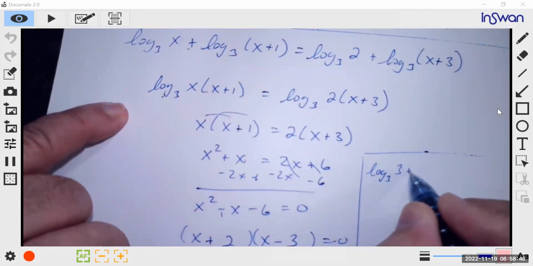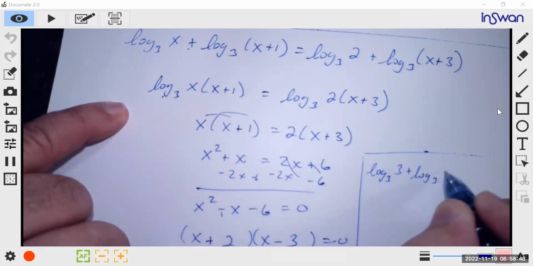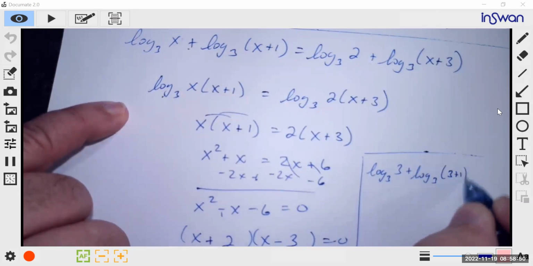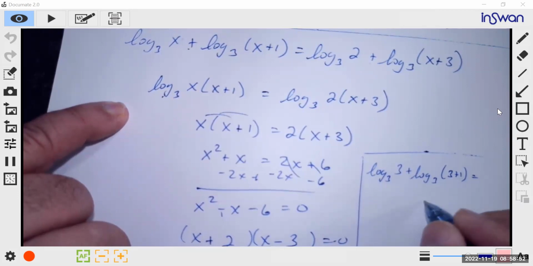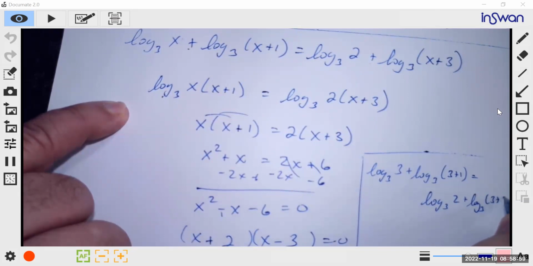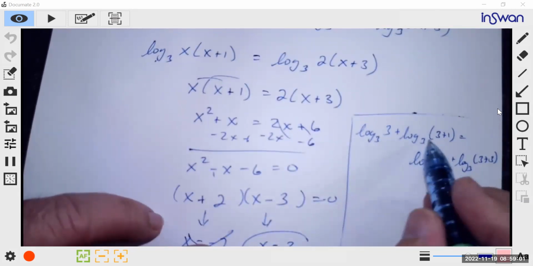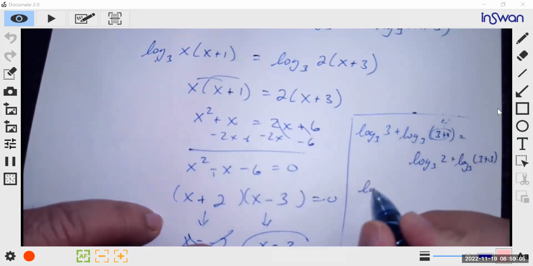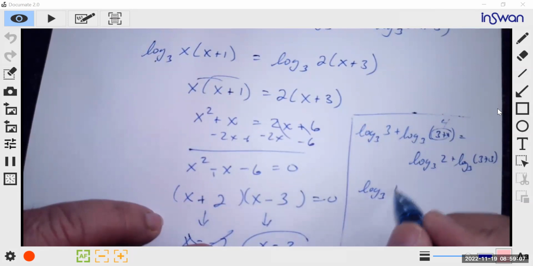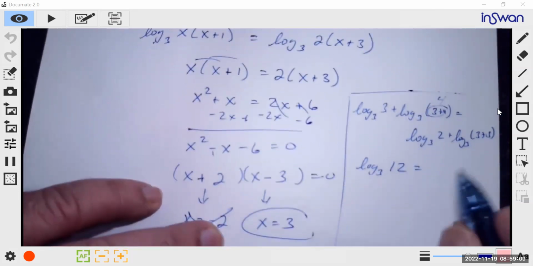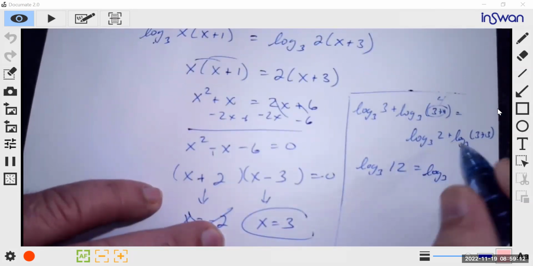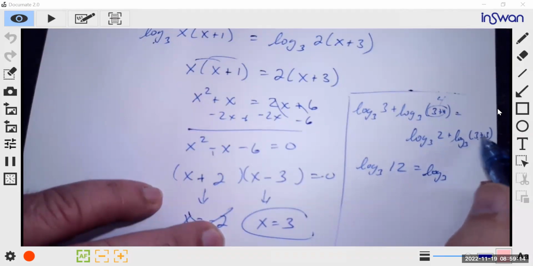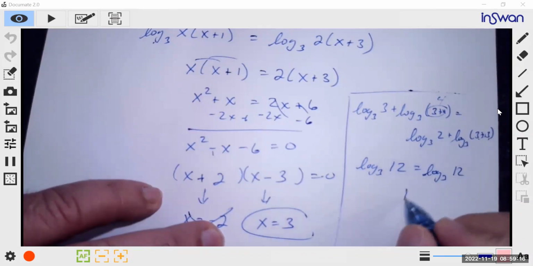Log base 3 of 3, plus log base 3 of 3 plus 1, which is log base 3 of 2, times log base 3 of 3 plus 3. 3 plus 1 is 4. Since they're added, I can multiply them. Log base 3 of 3 times 4 is 12. 3 plus 3 is 6. 6 times 2 is 12.